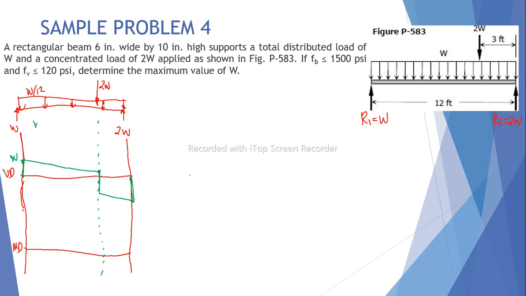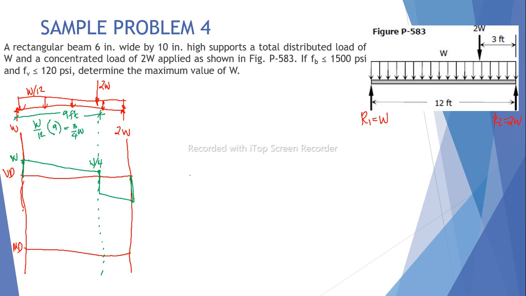We just multiply: W over 12 times this distance, 9 feet. So, times 9, this is equal to 3 over 4 W. So W minus 3 over 4 W is W over 4.